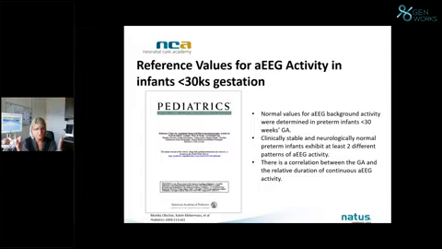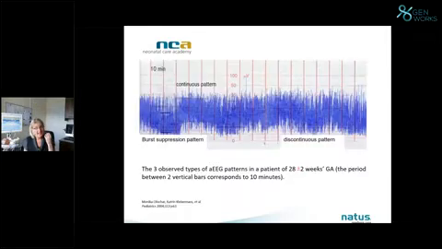So they took a large group of clinically stable, neurologically normal preterm infants, and they looked at the normal patterns that these babies exhibited in their AEEG. And they again found that there is a correlation between the gestational age and the relative duration of continuous AEEG activity.